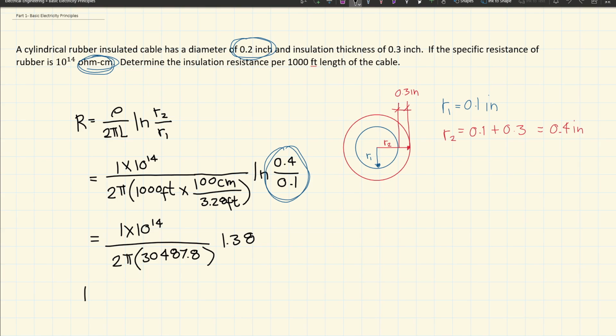So our insulation resistance is 720.39 mega ohms.